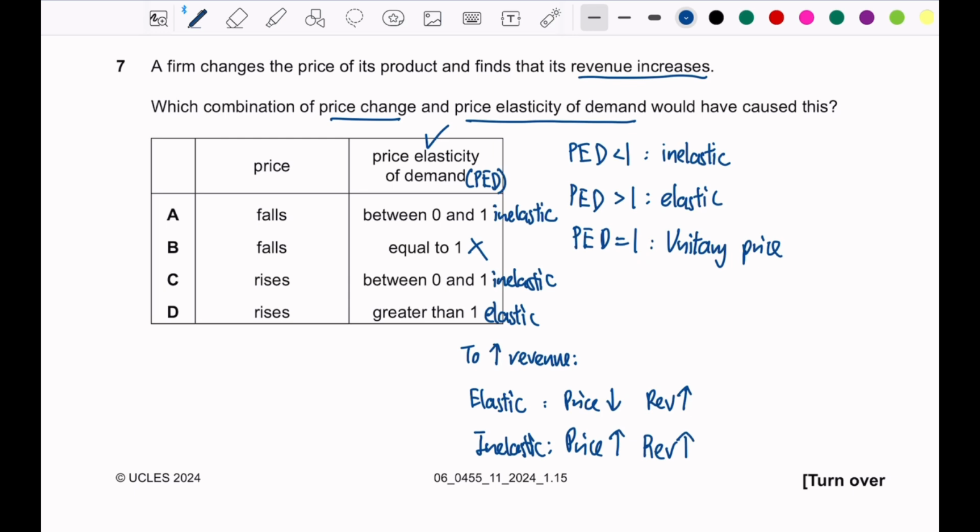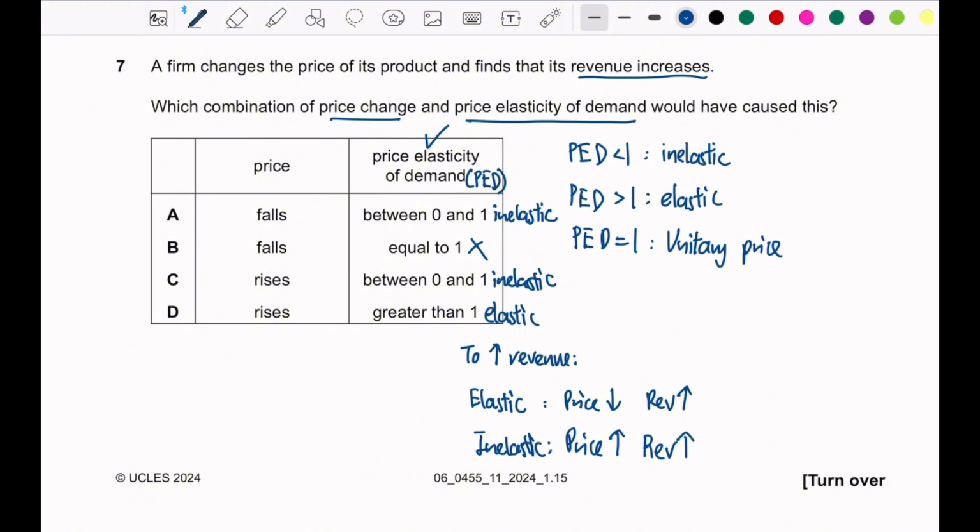Why is that so? Let me explain first. When a product is price inelastic, consumers are not so sensitive to changes in price. So no matter how you change the price, most of the customers will still buy the product. In that case, it's better for the firm to increase the price since the customers will still buy, so they can earn a higher revenue.